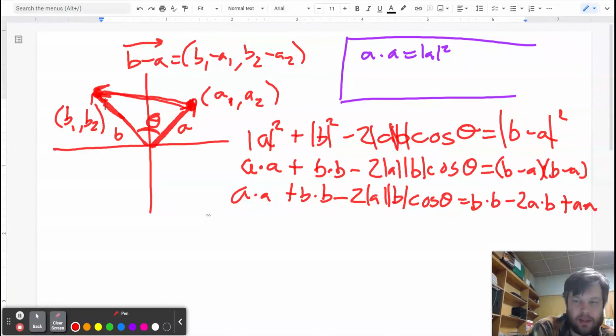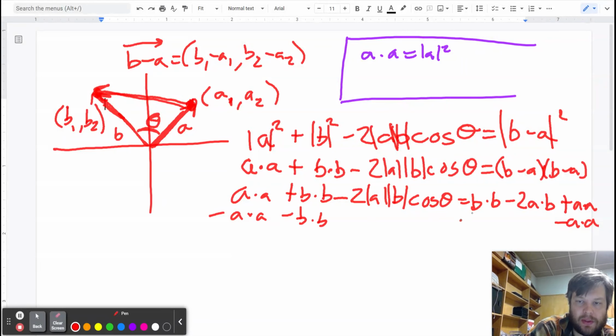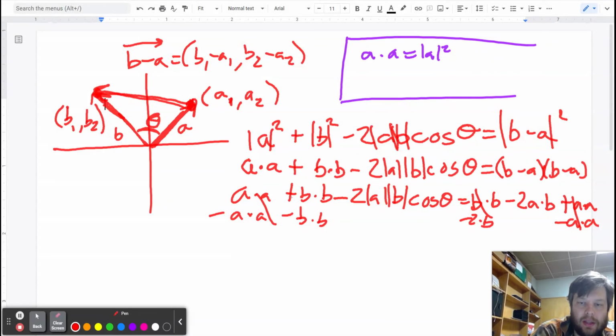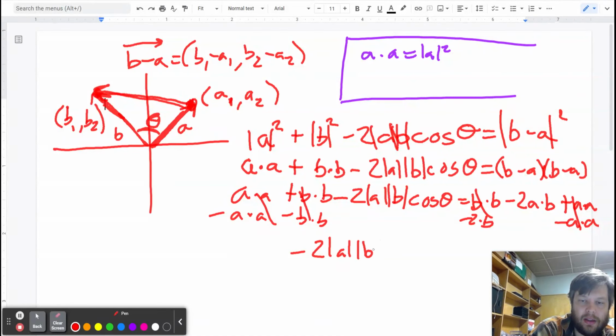Now I can subtract a dot a from both sides. It's just a number. Subtract b dot b from both sides. And I've got negative 2 magnitude a, magnitude b, cosine theta equals negative 2 a dot b. Divide both sides by negative 2, and I have the desired result.